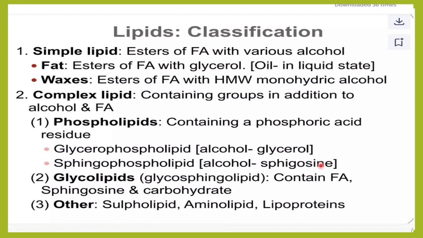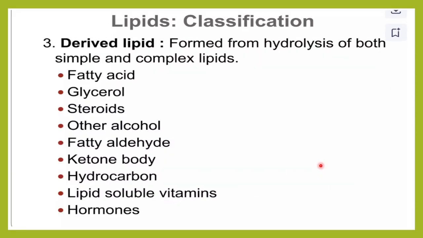And you have other lipids also, like sulfolipid, aminolipid, lipoproteins, etc. Then comes the third category, the derived lipid, which is formed by the hydrolysis of both the simple lipid as well as the complex lipid. When we break them down, we get this derived lipid. It could be fatty acid, glycerol, steroid, other alcohol, fatty aldehyde, ketone bodies, hydrocarbons, lipid soluble vitamins, and hormones.